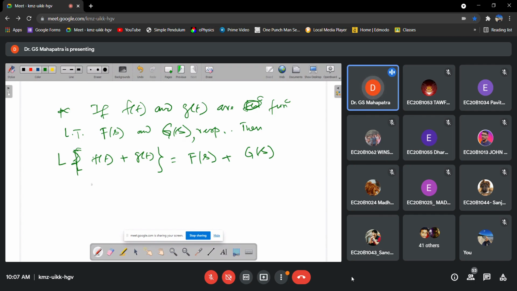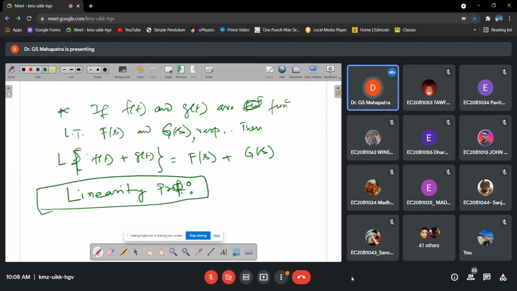The name is linearity property. So this is the linearity property.